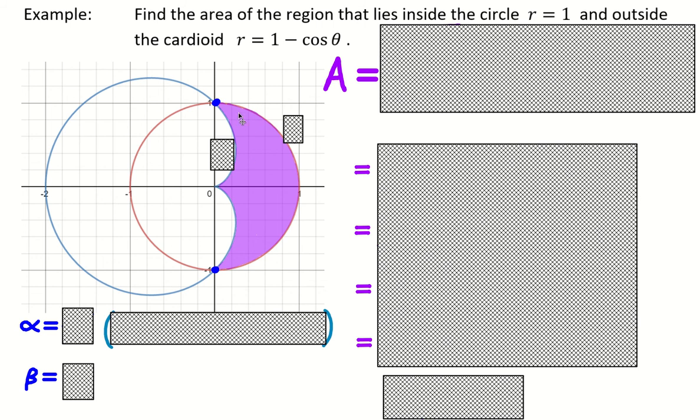So what we have to do is find this section of area. To do that, from this angle to this angle, we have the circle as the outer function and the cardioid as the inner function.